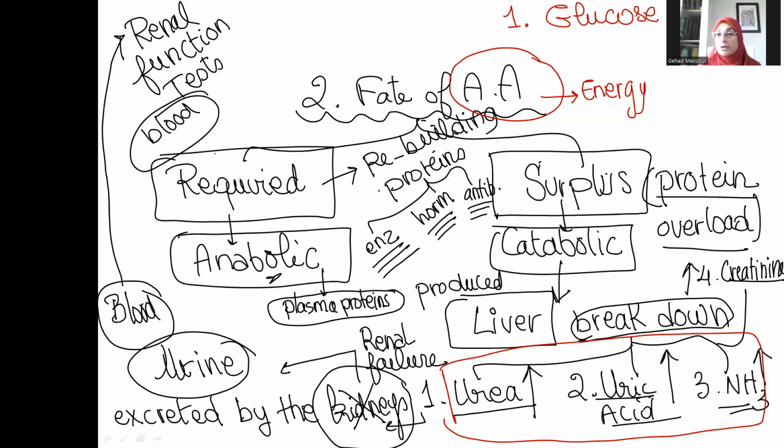Yes, if you're starving for a long period of time, or fasting, or you can't find food during wars, for example, or during floods, or during any catastrophic event, then the second source will be your fat, the fat that is present in the plasma first, and then the fat that is present under the skin. And when you finish all this, you can refer to the last source, which is the amino acids.